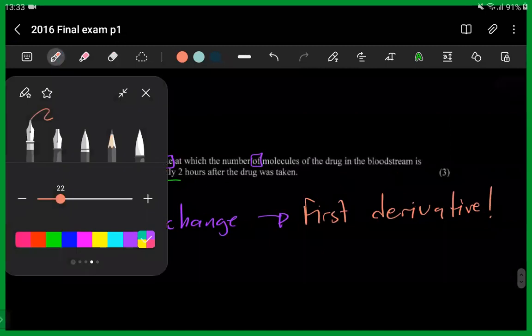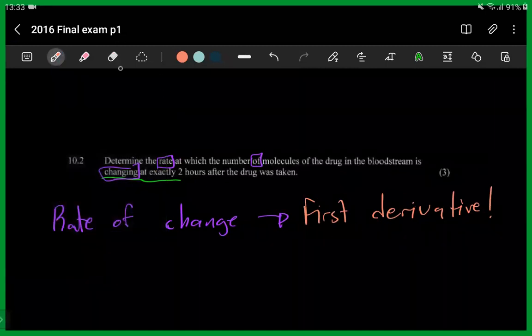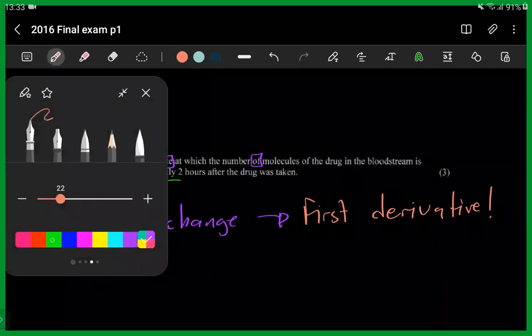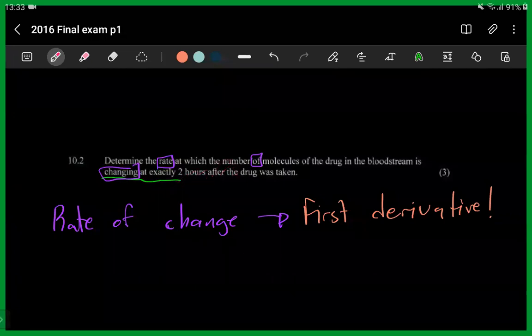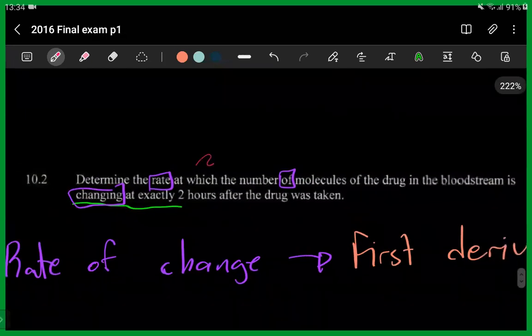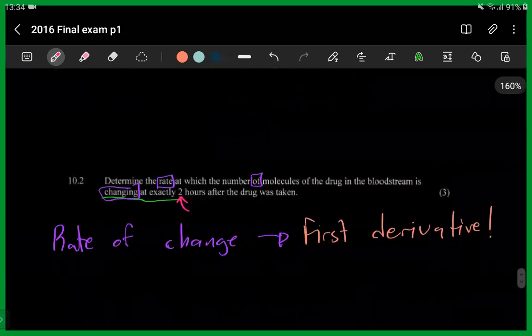Because if you're going to get the rate of change of something, you have to use the first derivative, because the rate of change equation is things like gradient. So it's the same idea here. If you're going to work out the rate at which the number of molecules is changing exactly 2 hours after the drug was taken, you have to use your first derivative.